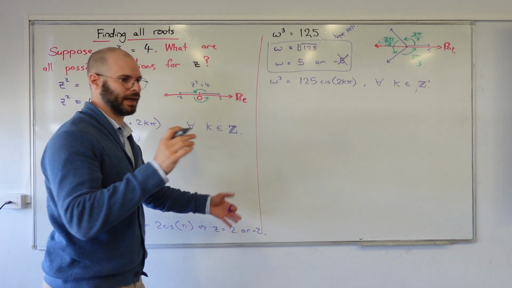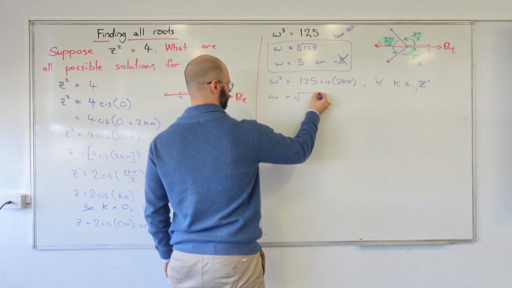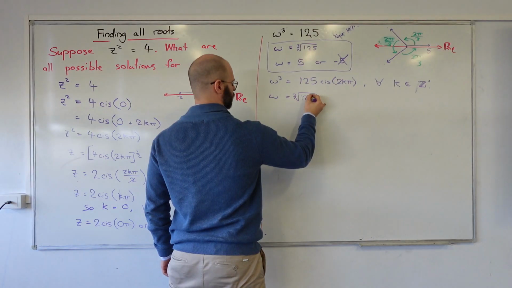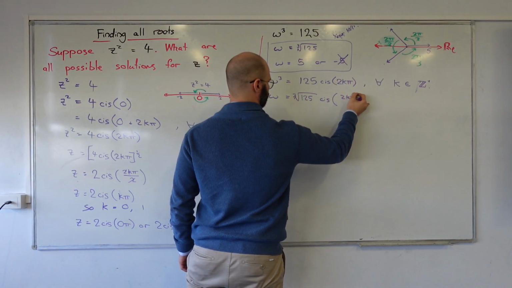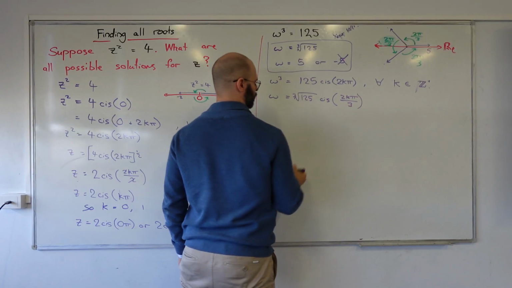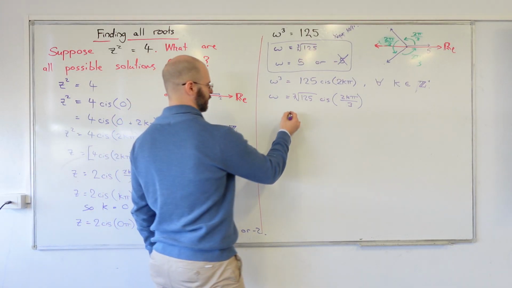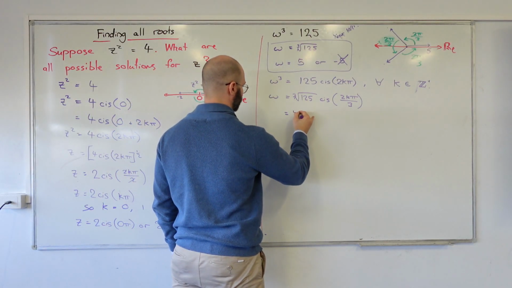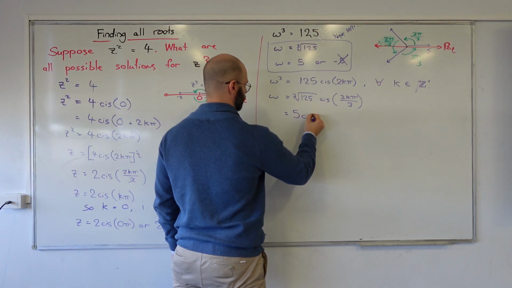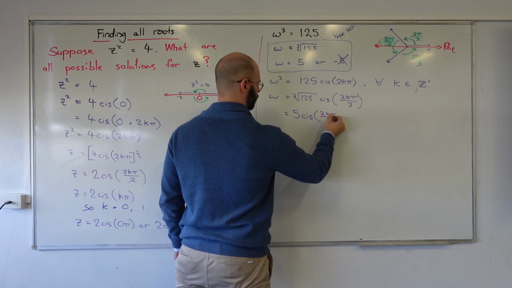Next, apply the cube root. We cool with that? And then, cube root of 125, sure, it's just 5. That's our first solution. Cis 2k pi over 3.